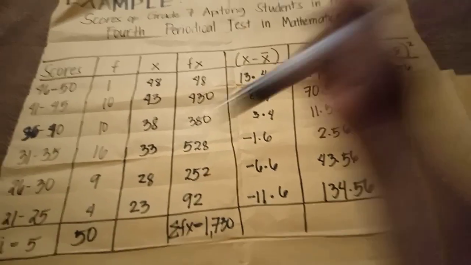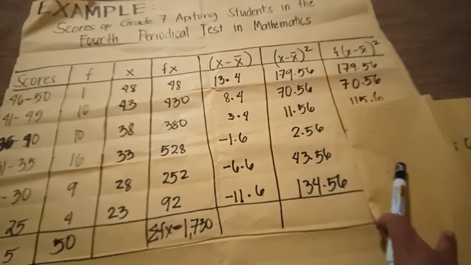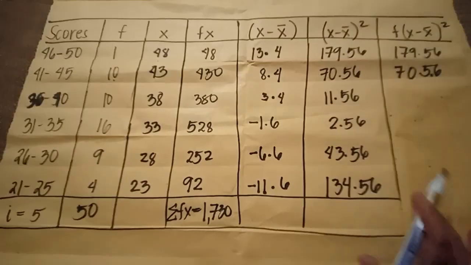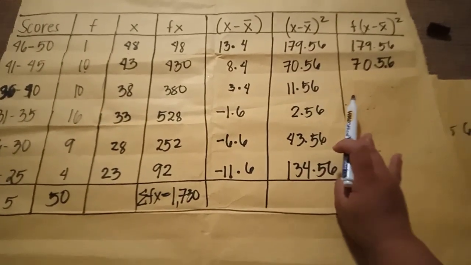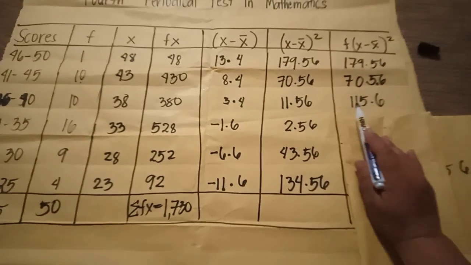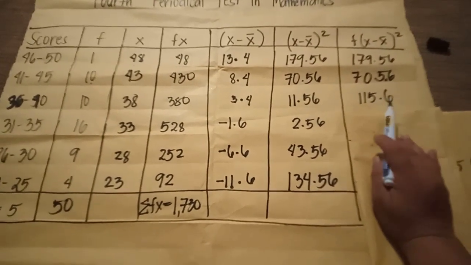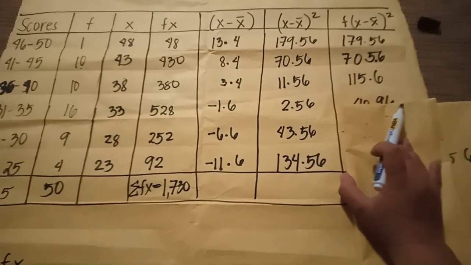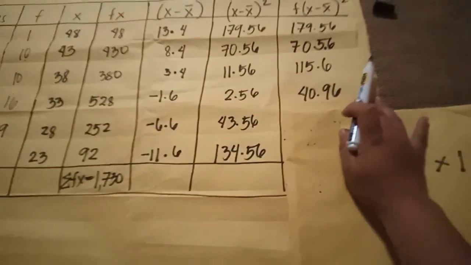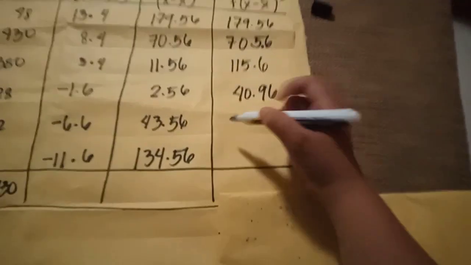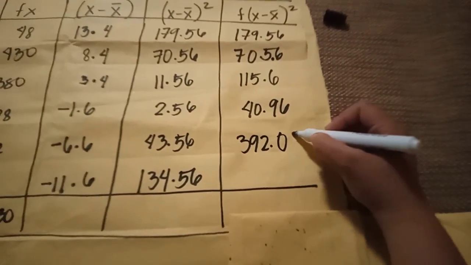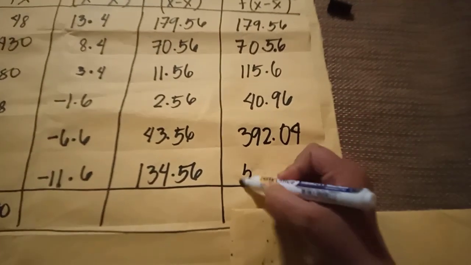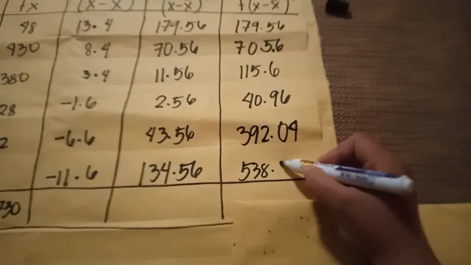70.56 multiplied by 10 gives 705.6. Next is 10 multiplied by 11.56, which gives the answer 115.6. And then 40.96, 392.04, and 538.24.